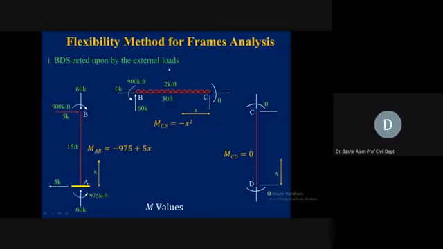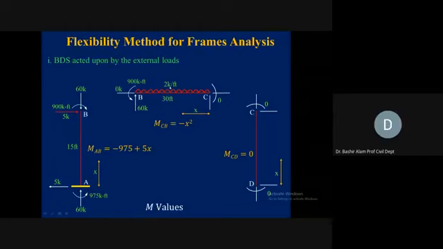We are taking the resultant of this 2 kip per foot over 30 feet, which is 60 kip, the equivalent point load. And its distance from A is 30 divided by 2, which is 15.